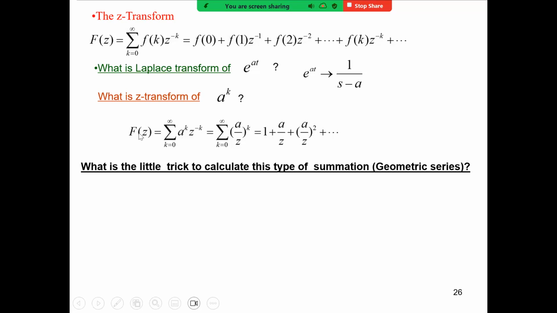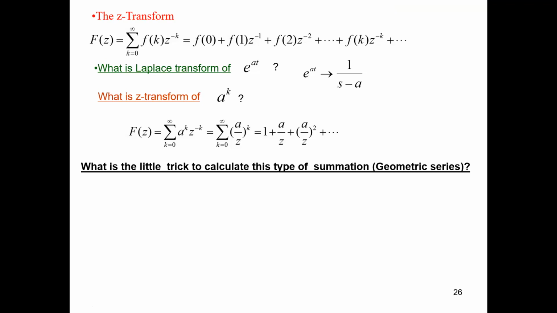This is the expression, F of z equals this one. In order to derive the solution, what should be the next step? Come on, you guys are from very good schools in the universities, you should know the answer.